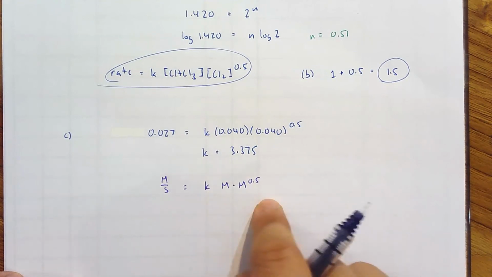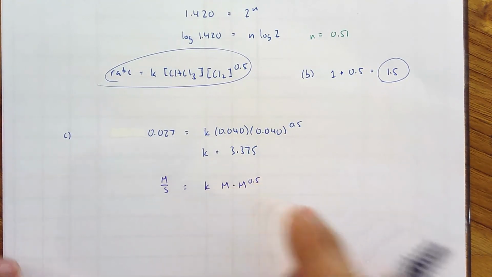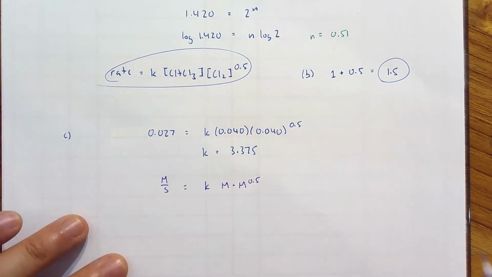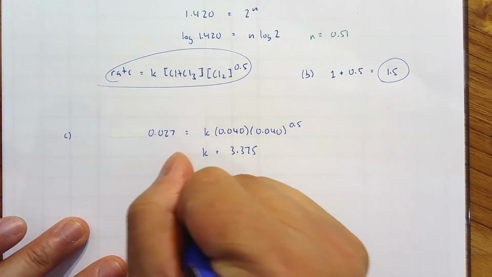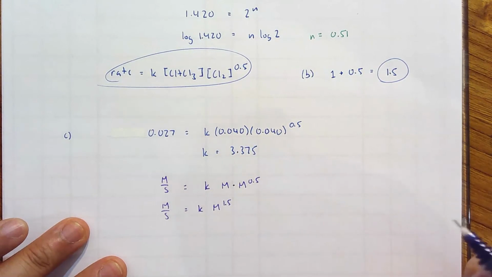When you do that, are you just adding? Oh, my math is so bad. Alright, so that is the same as M over s equals K M to the 1.5.